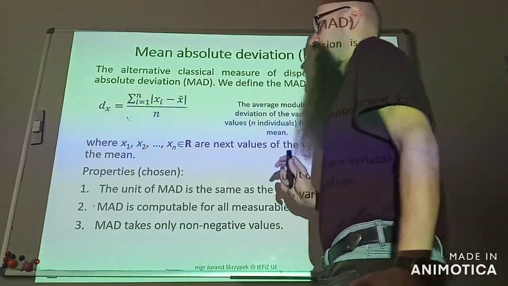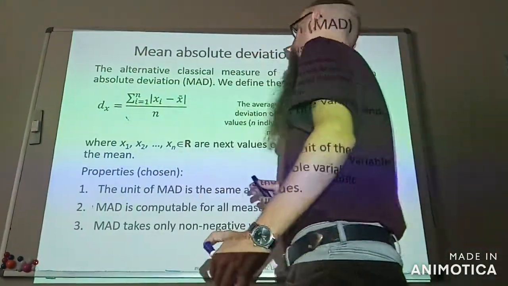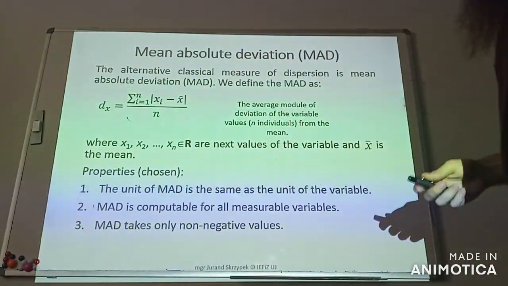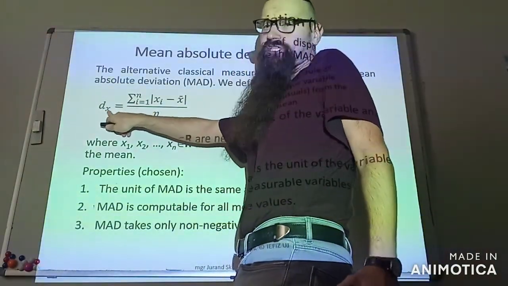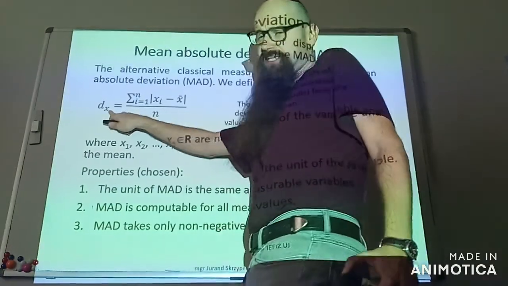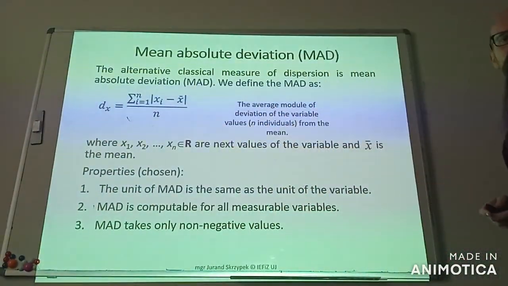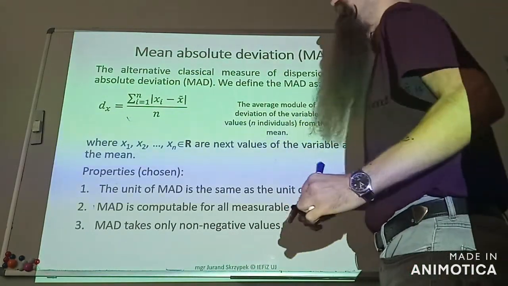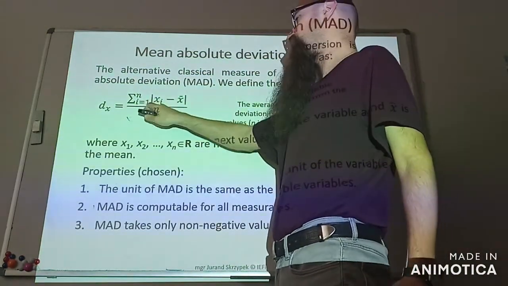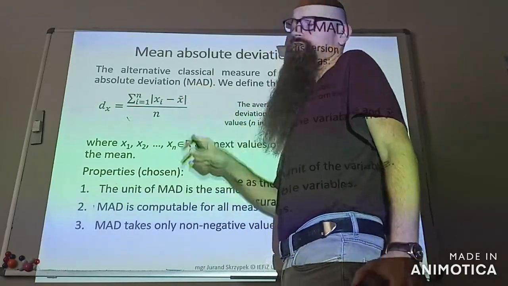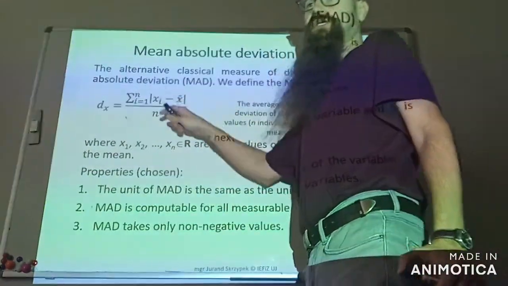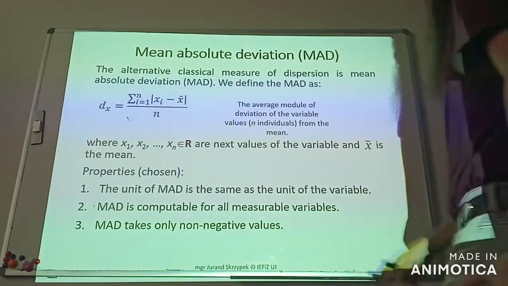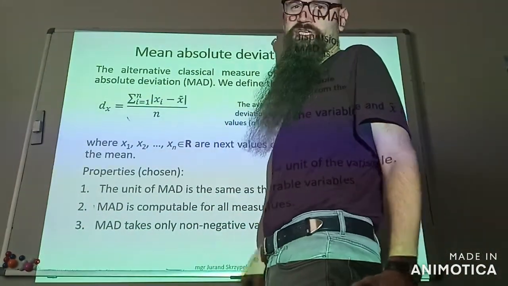We denote the mean absolute deviation using the symbol d with x subscript, which indicates the symbol of the analyzed variable. As you can see, instead of squares of deviations, we alternatively use the modules of deviations.